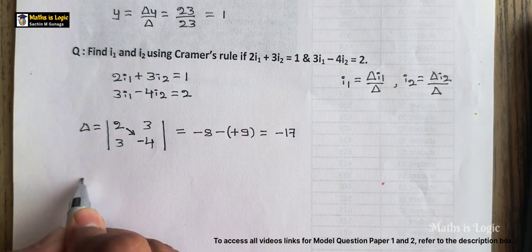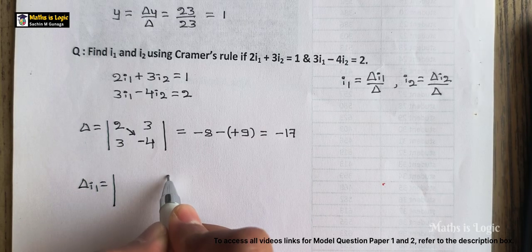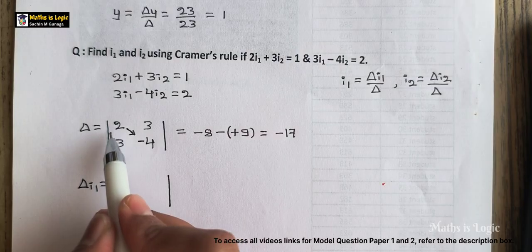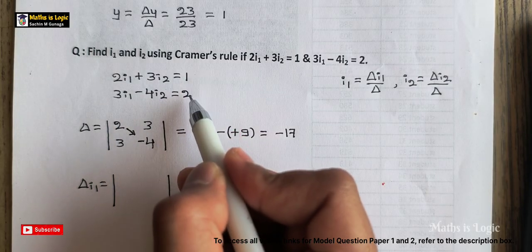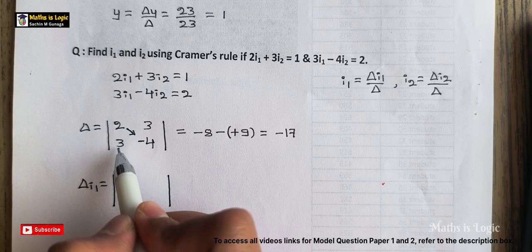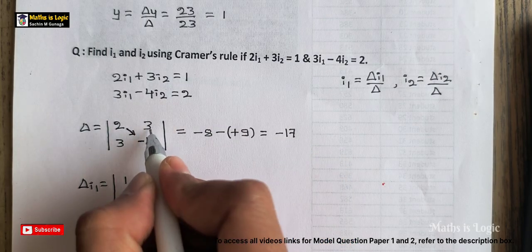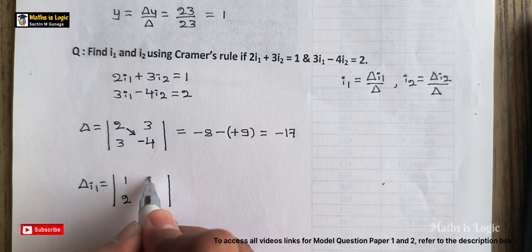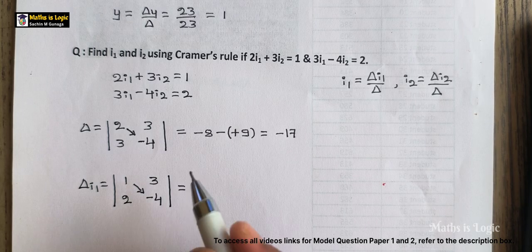Next, delta I1. To get this delta I1, in delta, the first column we should replace by these two constant terms. Instead of writing 2 and 3, write here 1 and 2, and the second column in delta keep as it is, 3 minus 4. Again apply the second order determinant rule.